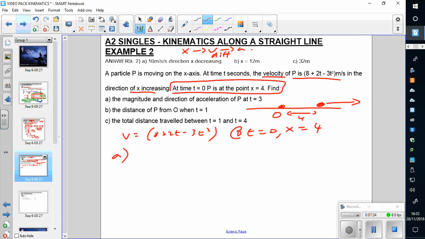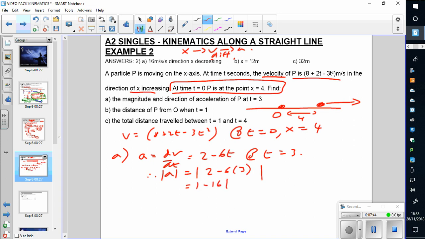So to move from v to a, I need to differentiate. So a is dv by dt, which is going to be 2 minus 6t, and it wants it at t equals 3. So therefore, magnitude of a, I need to put my mod signs in there, yeah? So 2 minus 6 times 3, so that's mod minus 16. So that's 16 meters per second squared.